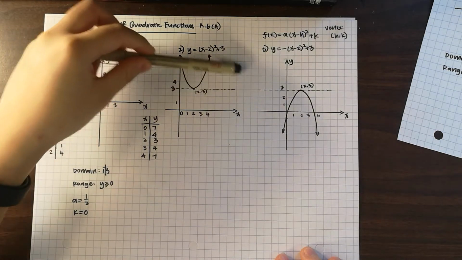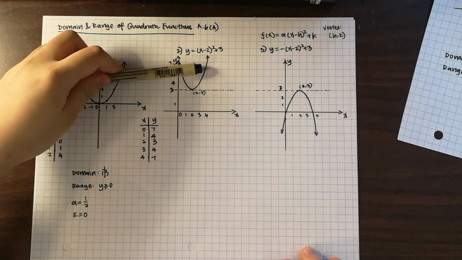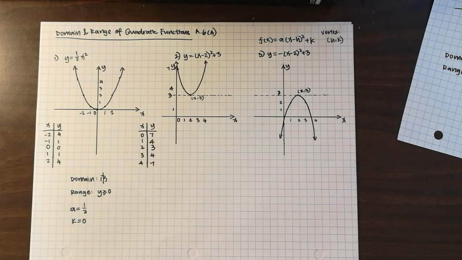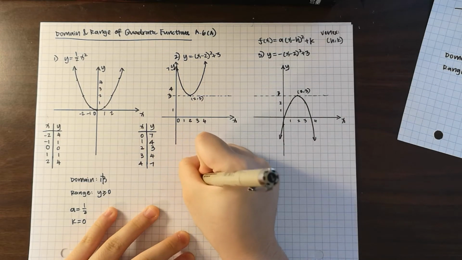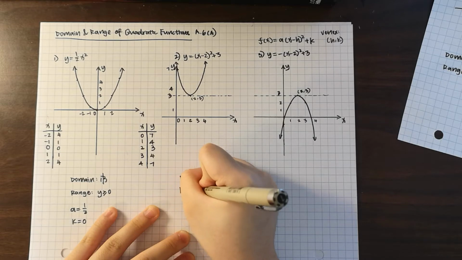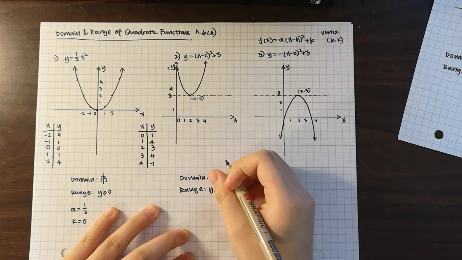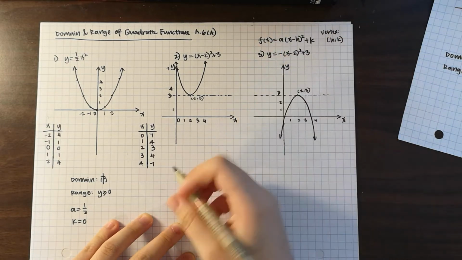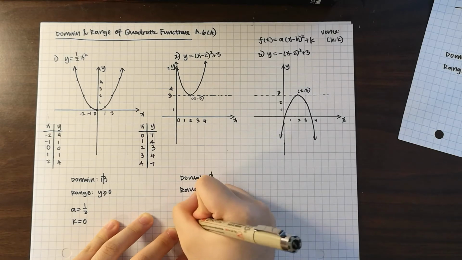Instead, the whole graph is above the line y = 3, which makes the range y is greater than or equal to 3. So we write down the domain as all real numbers, and the range as y is greater than or equal to 3. In this case, a was equal to 1 and k was equal to 3.